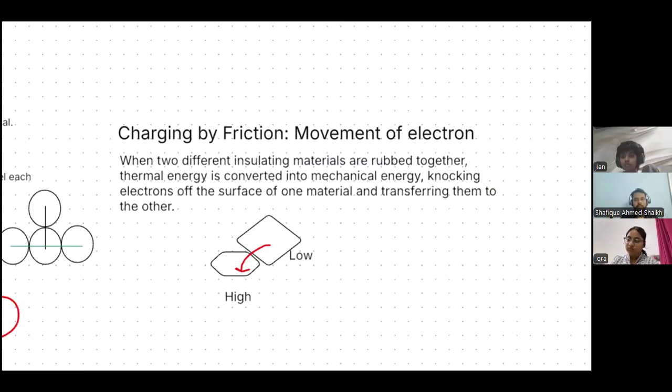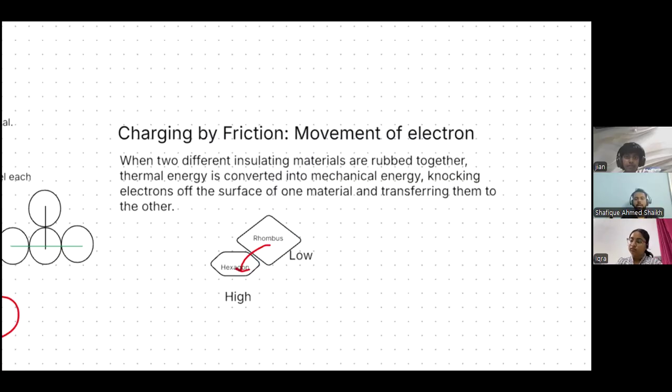The holding capacity of the rhombus is less than the holding capacity of the hexagon, correct? That is why electrons move from the rhombus to the hexagon. Is that clear?